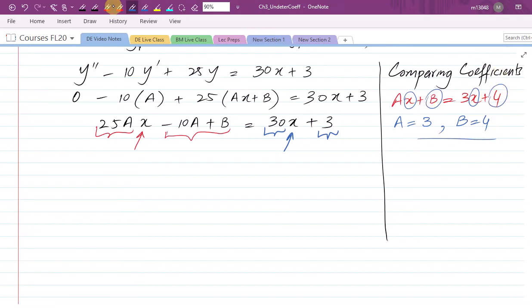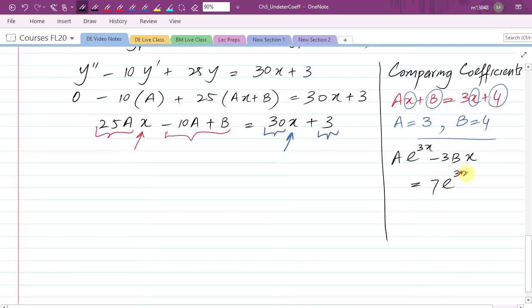For example, if this equation was like this, let's say, okay, I'll write a and b on this side, a e power 3x minus 3b x equals 7 e power 3x plus 10x.